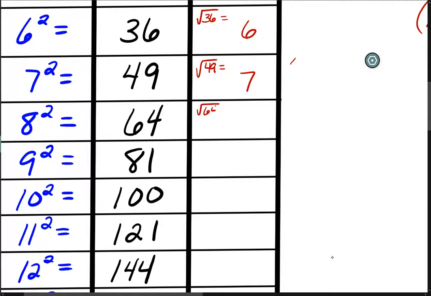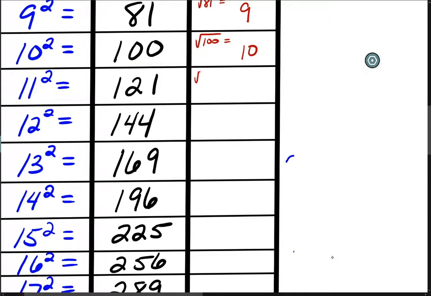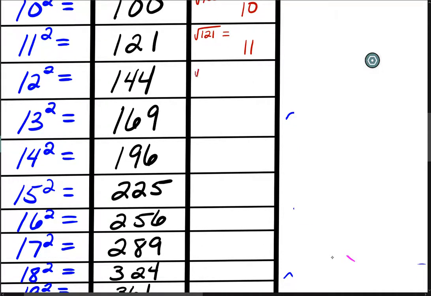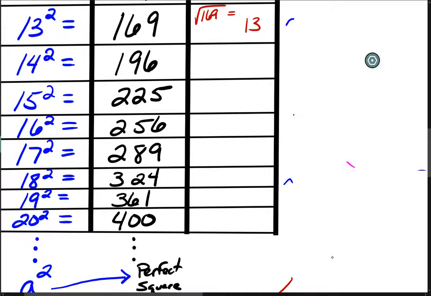What number could I square and get 64? 81? 100? 121? 144? 169? 196? Awesome. What number could I square and get 225 as an answer?